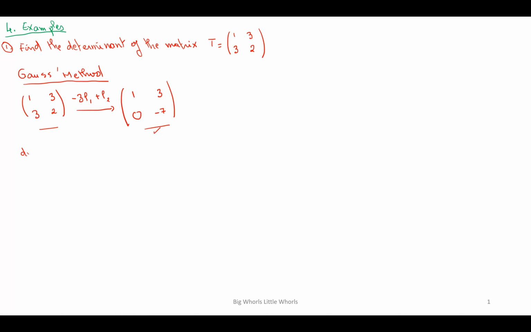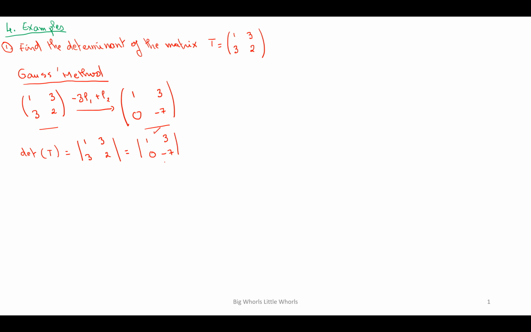So the determinant of T, which is equal to the determinant of 1, 3, 3, 2, is the same as, as we have seen in the properties, row combinations do not change the determinant function. So it's the same as the determinant of 1, 3, 0, minus 7.